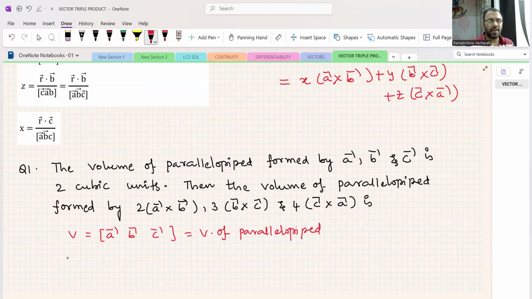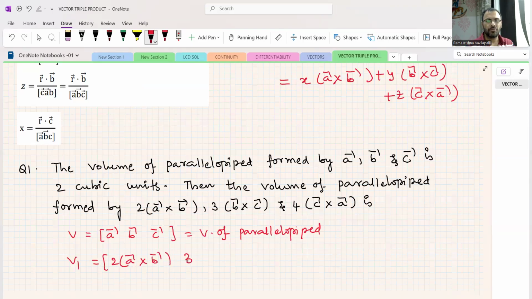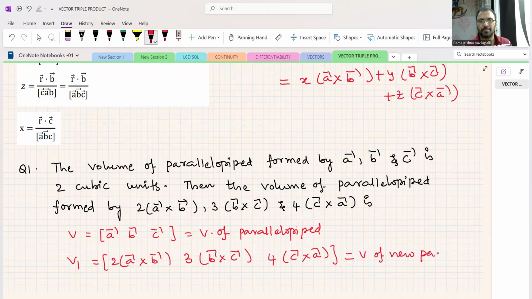Now, V1 is equal to the box of 2 into A bar cross B bar, 3 into B bar cross C bar, 4 into C bar cross A bar. This is the volume of the new parallelepiped.